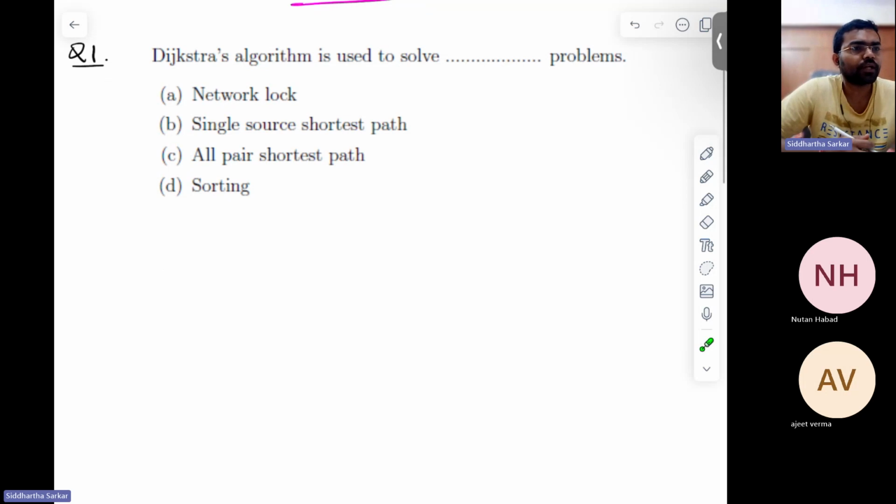So do you remember Dijkstra's algorithm? Anybody? Okay, so let me write down the pseudocode for Dijkstra's algorithm. What is the input?